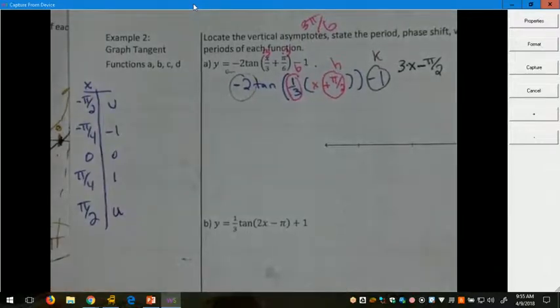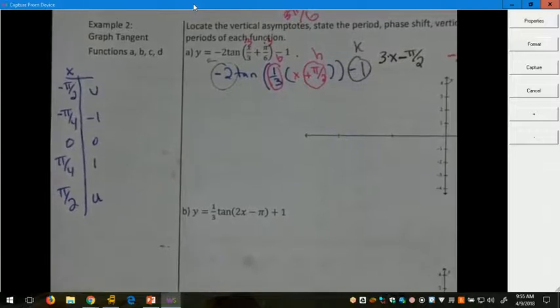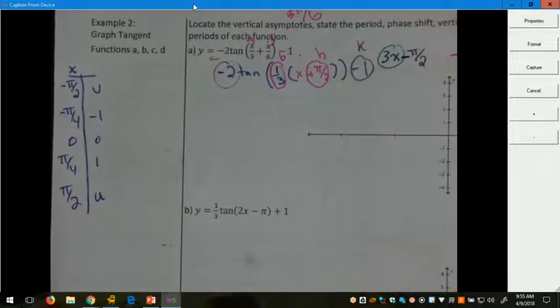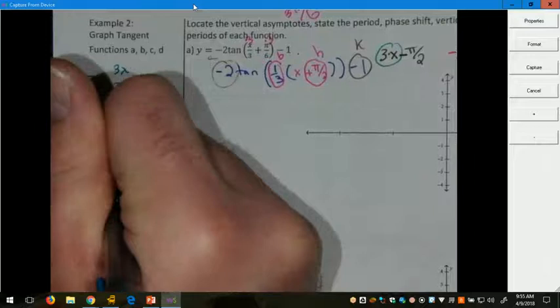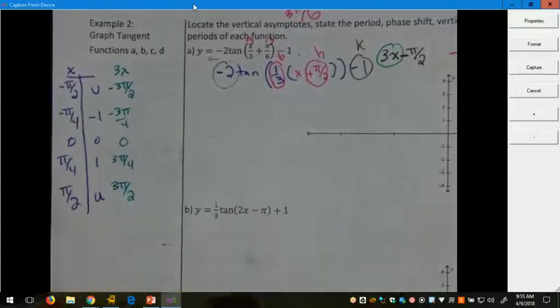I've memorized that, but I can get it from the unit circle if I forget. So I'm going to change the x first since that's the hardest one to take care of. We're going to multiply every x by 3. So here's my 3 times x. That's not so bad. -3 pi over 2, -3 pi over 4, 0, 3 pi over 4, 3 pi over 2.